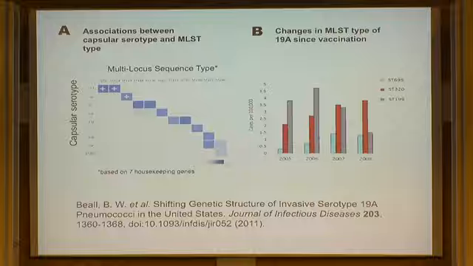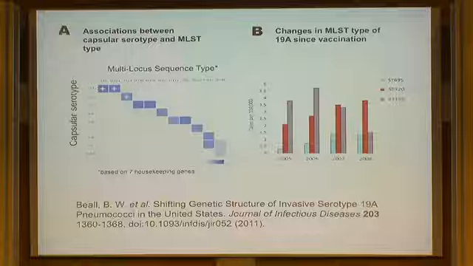Now, what we've been using this framework to try and understand is what's actually happening as a result of vaccination in the pneumococcal population. I showed you a slide where we saw the growth of certain non-vaccine serotypes after vaccination, and that's fine, that can be easily understood using very simple models.